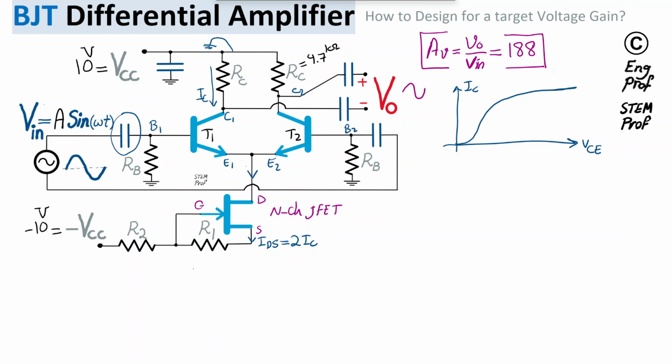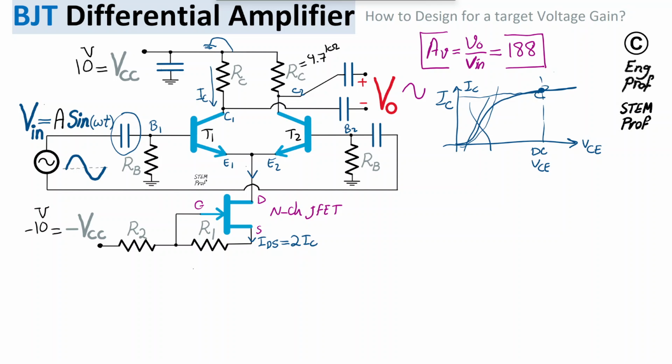What we want is to operate not in this region, which is the ohmic region. Basically, we want to operate in the saturation region of the transistors. So we would like to have the DC value of collector emitter voltage and also the DC value of the collector current at this point, so that the sinusoidal oscillation happens just around this point.